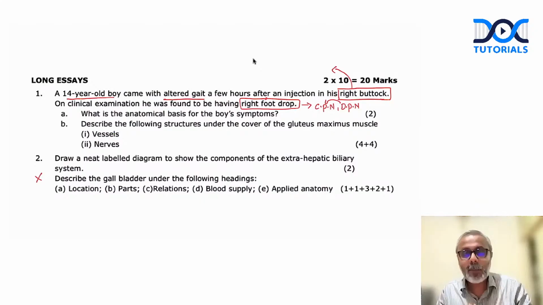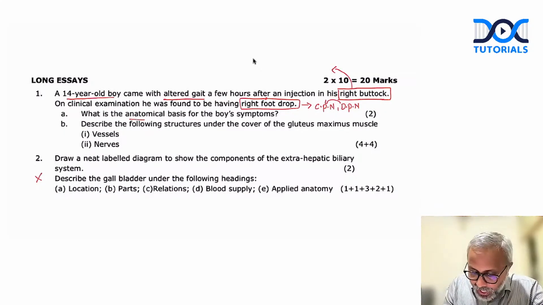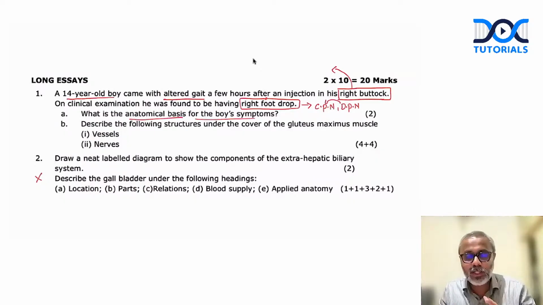Now, since the question is not complete or it is inaccurate as I would describe, what is the answer in this? What is the anatomical basis behind boy's symptoms? Considering that the patient came after intramuscular injection into buttock, we expect the nerve injury of the sciatic nerve.